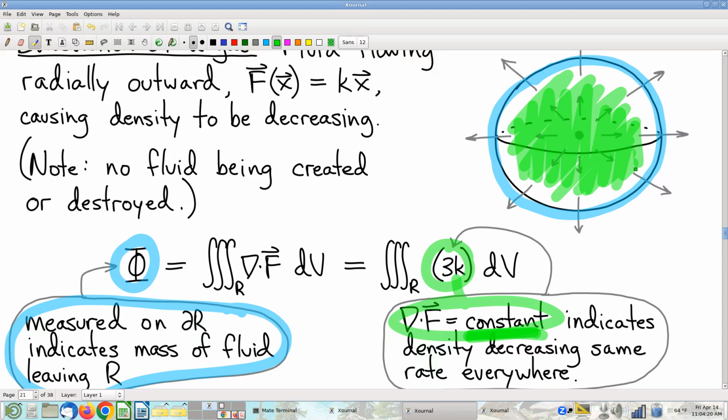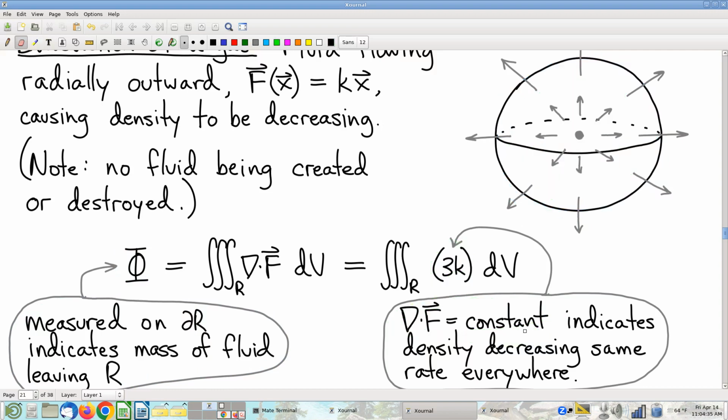That's why we're getting flux on the boundary. It's because the gas on the inside is departing. Does that make sense? So, again, different physical interpretation because it's a different physical scenario. But same theorem applying in these two very different scenarios.